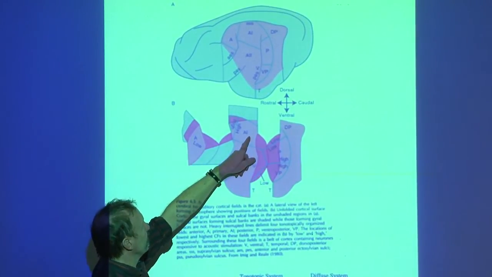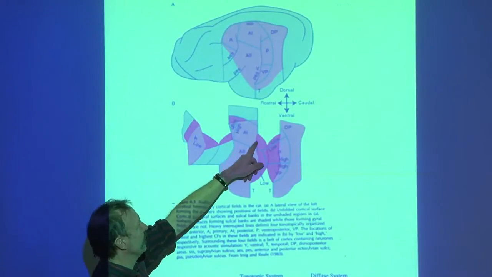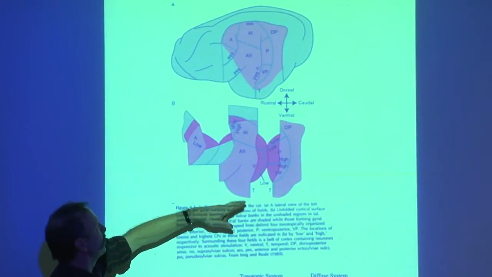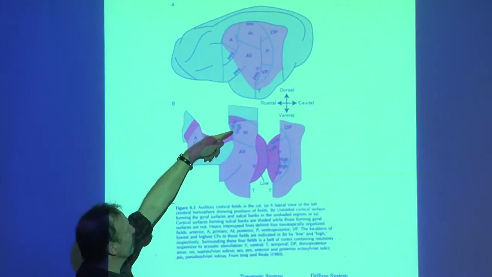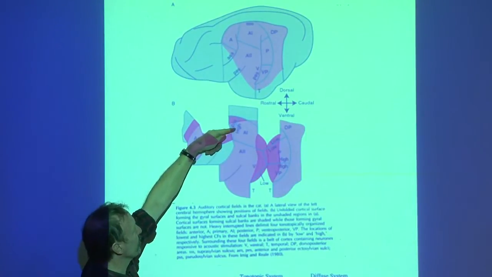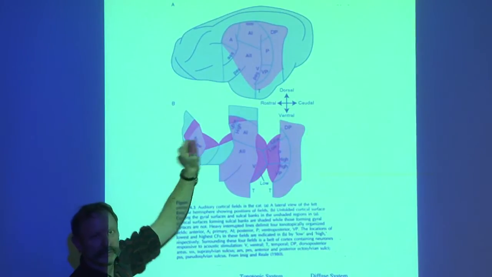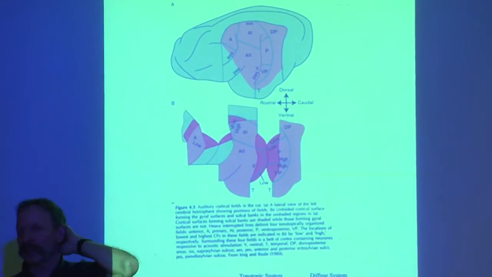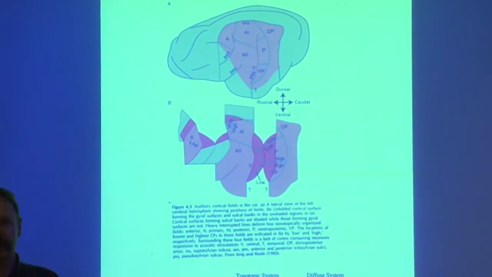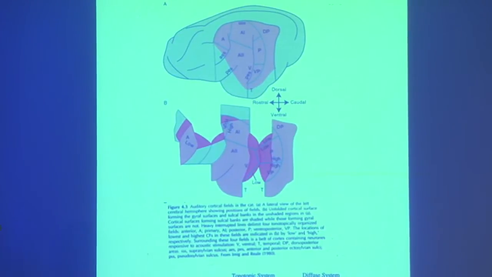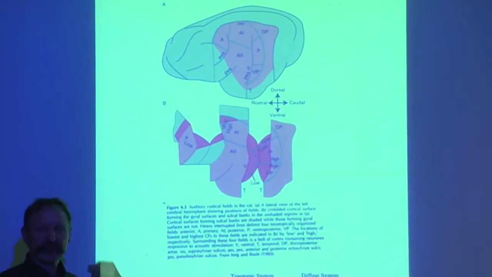When you do that, you can make a CF mapping for these tonotopic fields. And you find that if you're way over here rostral in A1, you get very high CFs. High CFs for a cat would be like 40 kilohertz, maybe even 50 kilohertz, an octave beyond the upper limit of human hearing.